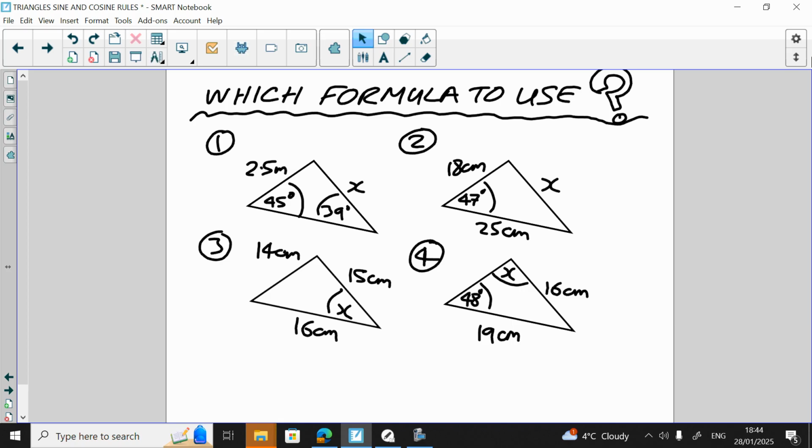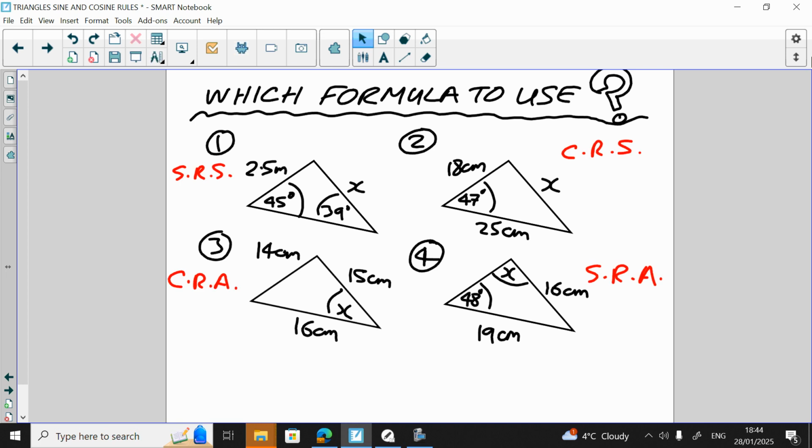You'll probably have a formula sheet. So think about what you need. Two sides, two angles, sine rule. All three sides involved, only one angle, cosine rule.